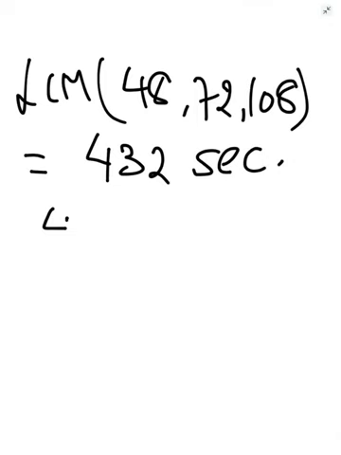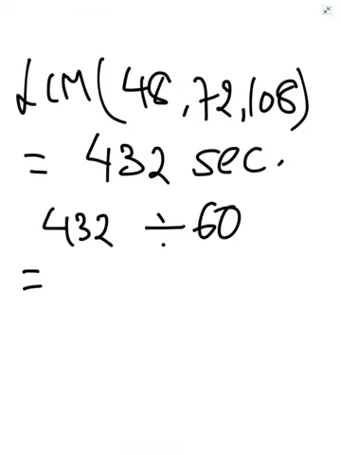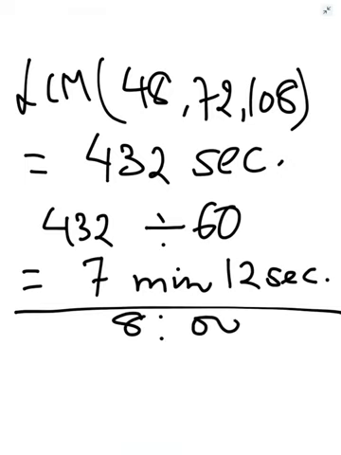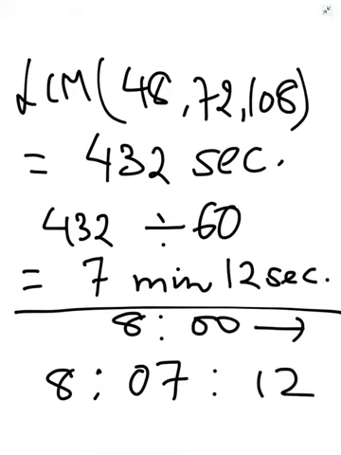But we measure time in hours, minutes and seconds. So we have to convert this 432 into minutes and seconds. What I will do is divide by 60, because there are 60 seconds in 1 minute. When you divide 432 by 60, you will get 7 minutes and 12 seconds exactly. So 432 seconds is equal to 7 minutes and 12 seconds. So our answer after 8 a.m., the next time, will be 8:07:12.